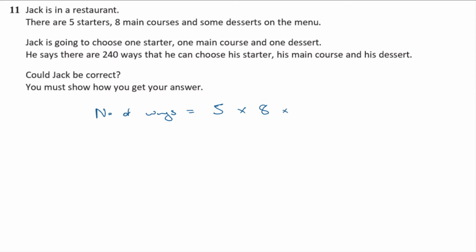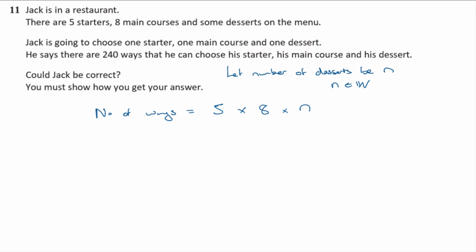So let the number of desserts be n, where n is a whole number. That's what n is a member of the set of whole numbers means, or you could just write down n as a whole number. Right, so I've got 5 times 8 times n.